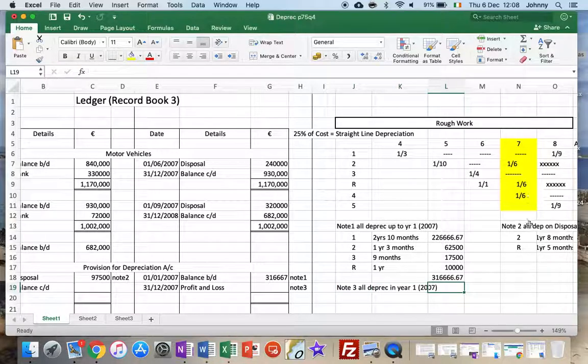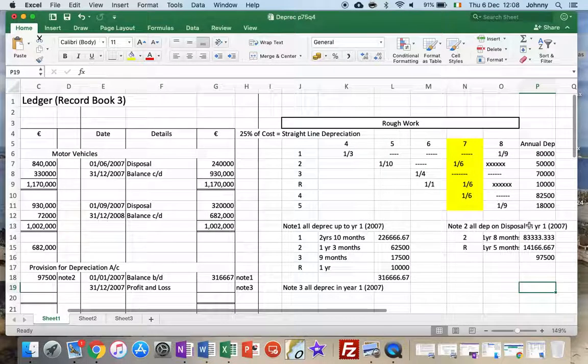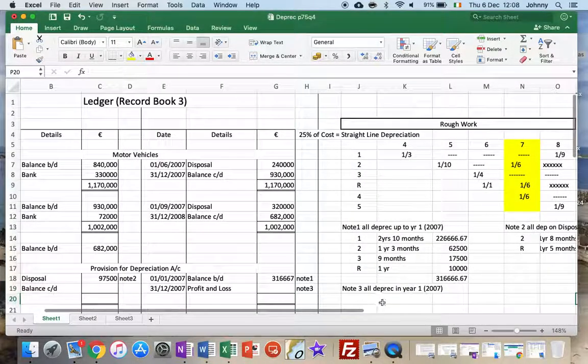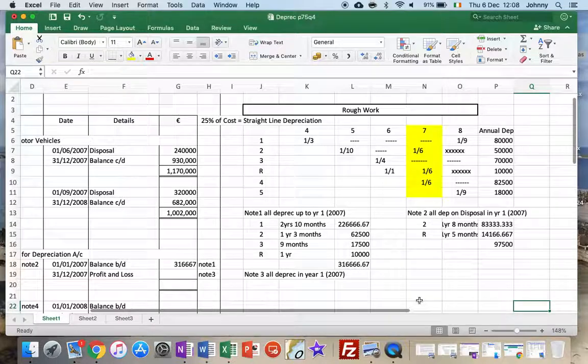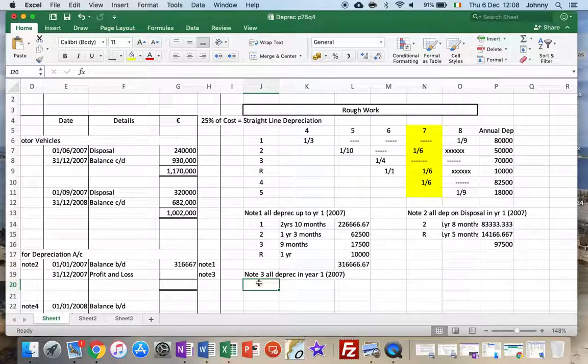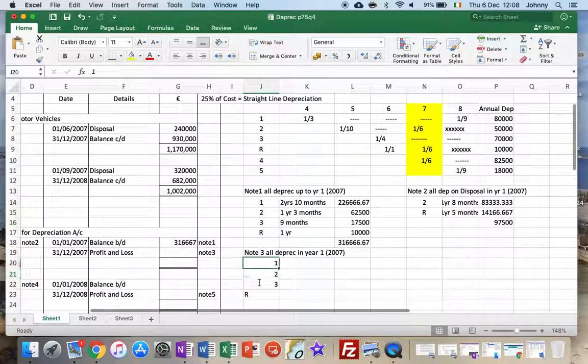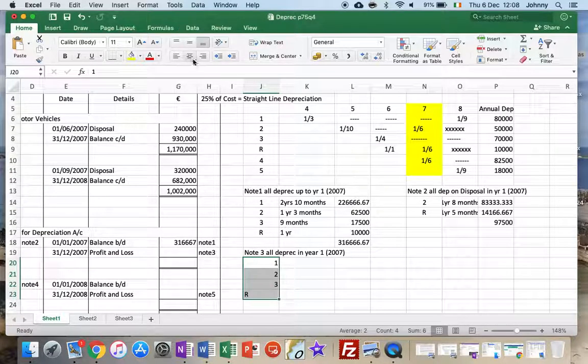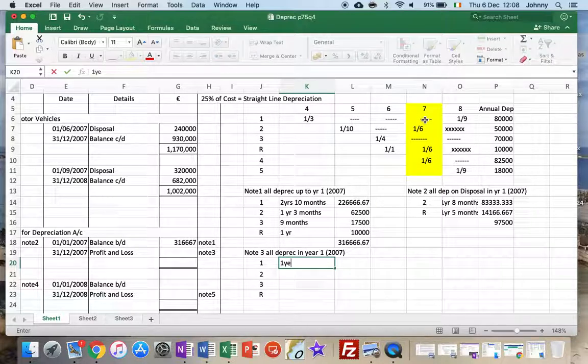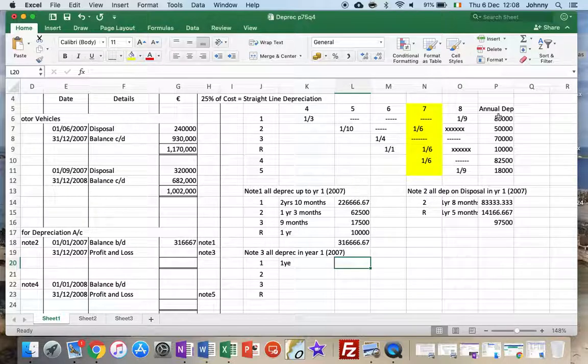So I'm just looking at my yellow box. Okay. So what vehicles did I have during that year? So I had vehicle 1, 2, 3, and I had my refrigeration unit. So vehicle 1, I had that for 1 full year, so it's 1 year times 80 grand. Vehicle 2, I had for part of the year, so that's 5 months.